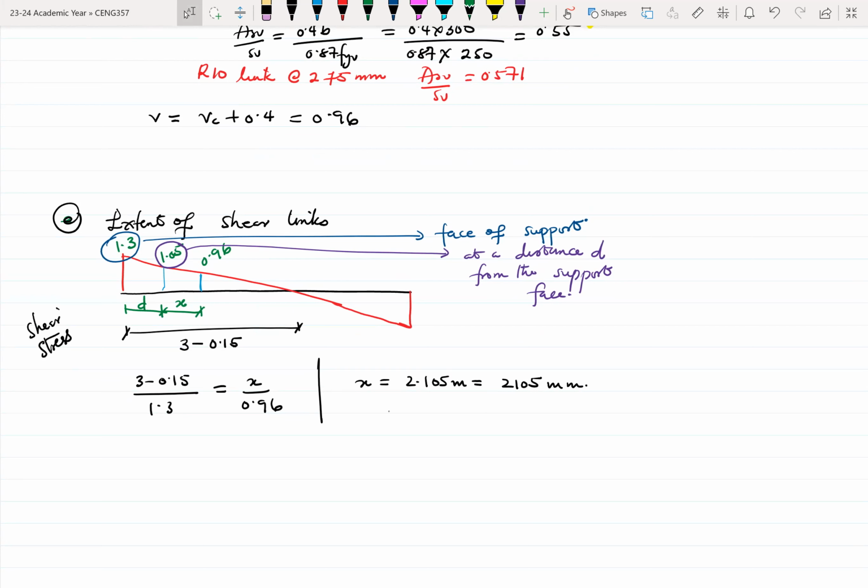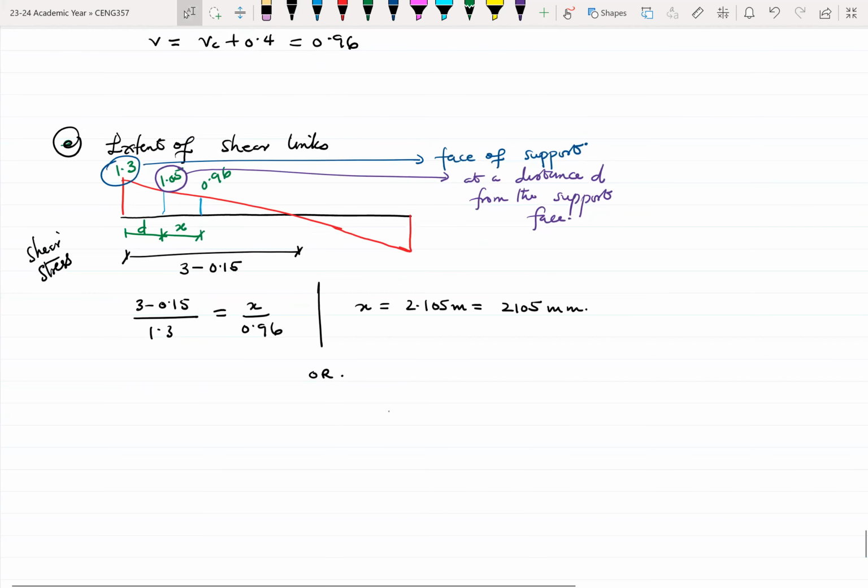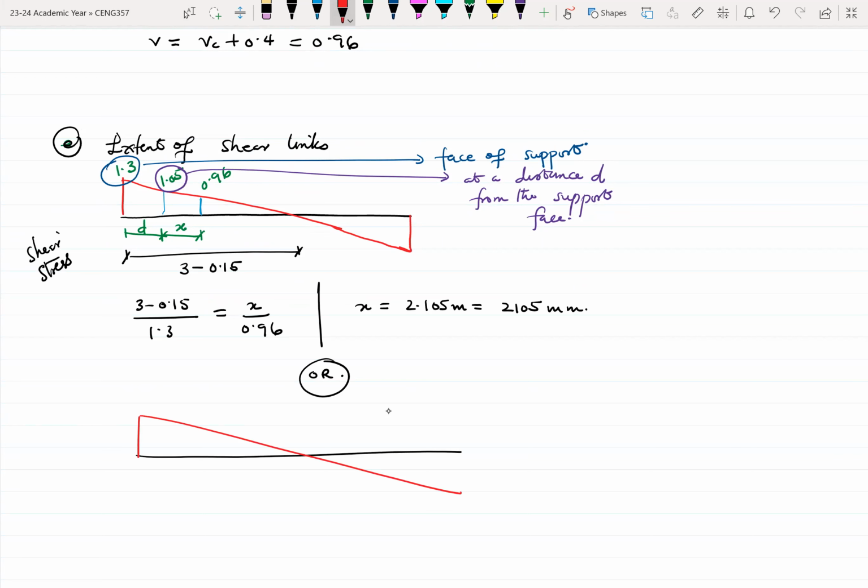We'll come back. So we can use this option to find x, or, let me just, the or is important, one of the two. So this case is the same thing I'm drawing here, all right? The shear force at the face of the support was 214. We found that one.